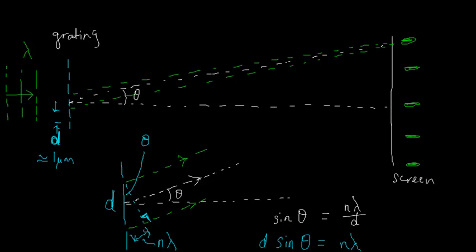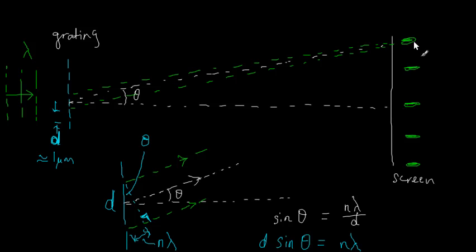For example, I can find the wavelength if I know D, the spacing between slits, which you would normally know very accurately if you buy the grating from a manufacturer. It would be specified for the grating, so you will know D accurately, and theta we can also measure accurately by setting up these experiments.